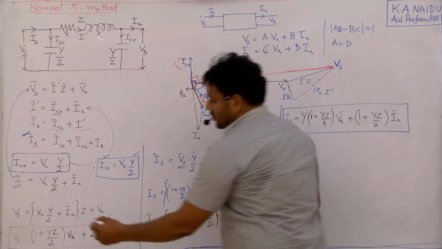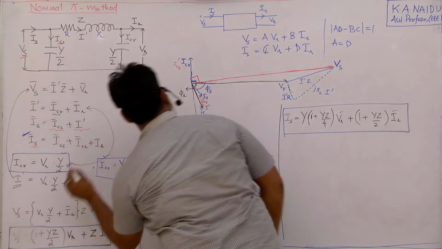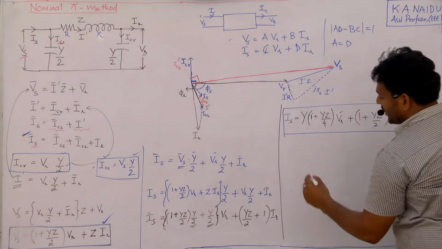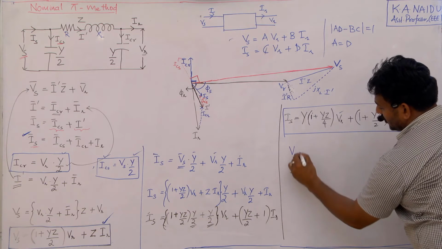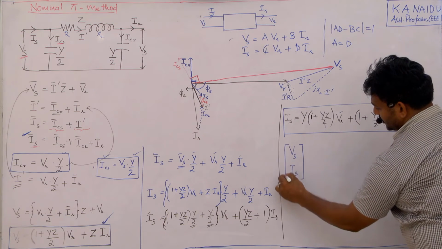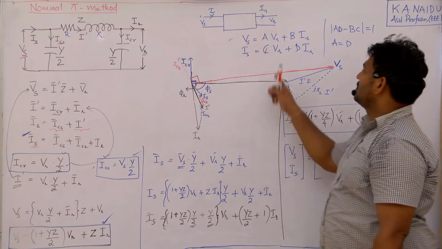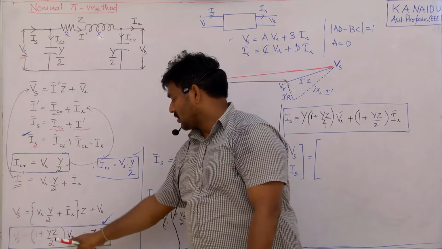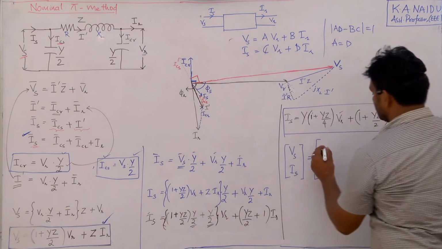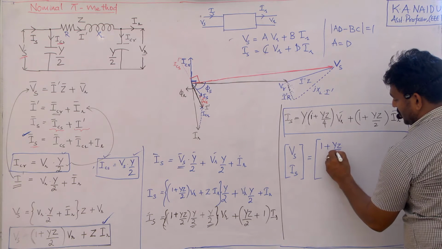So compare these two equations with this. You can write Vs and Is in a matrix form like this. This is Vs, Is. What is A? A is the coefficient of Vr in the equation Vs. What is this? 1 plus yz by 2. So you can write 1 plus yz upon 2.